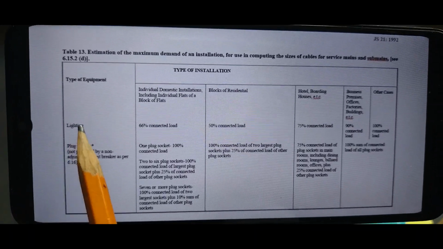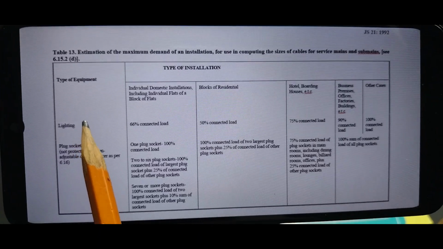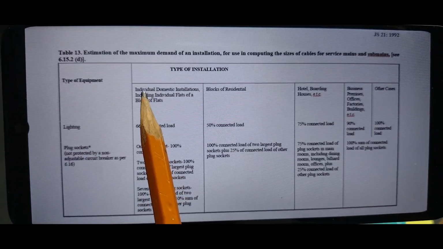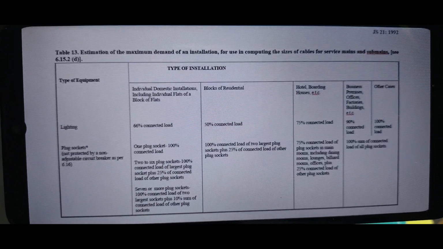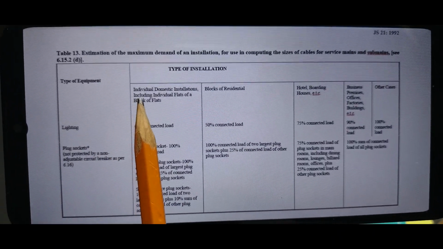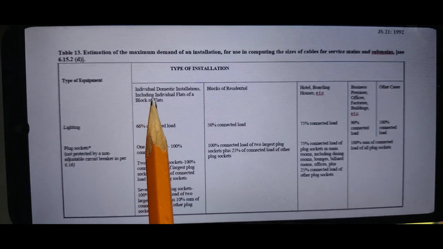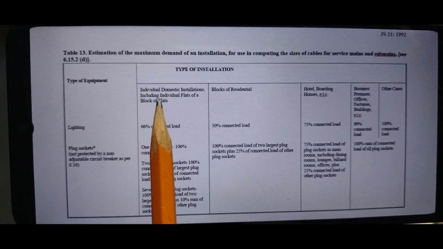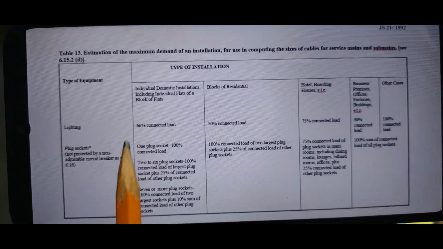What we want from this is the lighting circuit. That's what we're working on. And our building falls under individual domestic installation. It's just a house. And it said it would include individual flats of a block of flats. So it would include a house and a scheme. A single house and a scheme. So this is for single dwellings. This column.